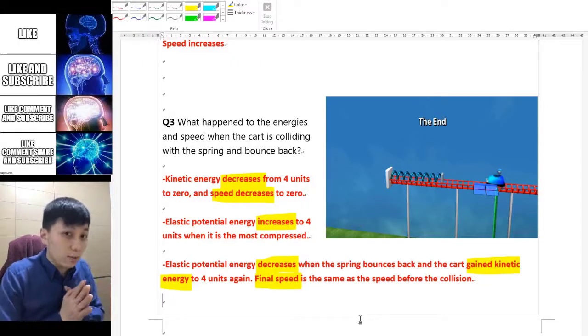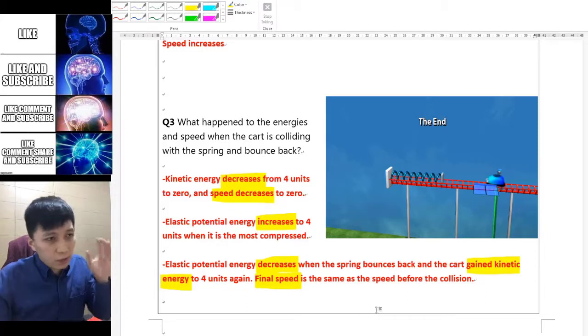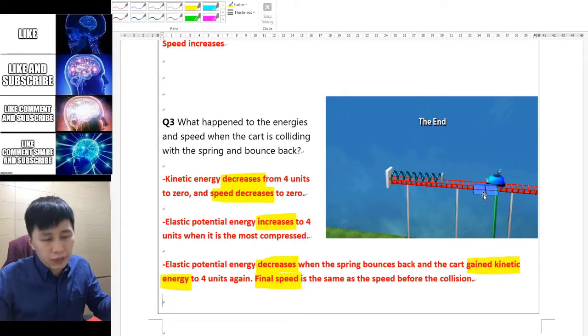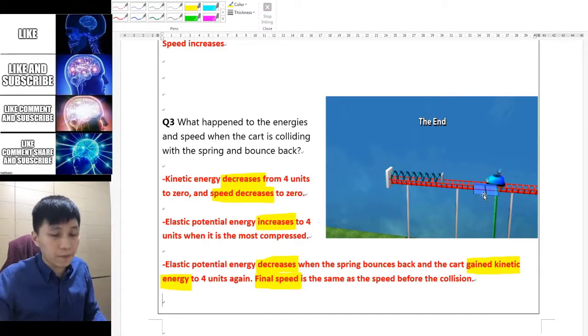Lastly, I want to ask you a bonus question. Just now, we have observed from the animation that KE fully, all 4 units, converted to elastic potential energy, and afterwards, the elastic potential energy returned all 4 units back to KE. I want to ask you, will this be the same in reality?